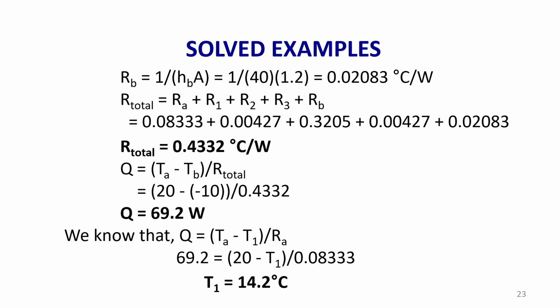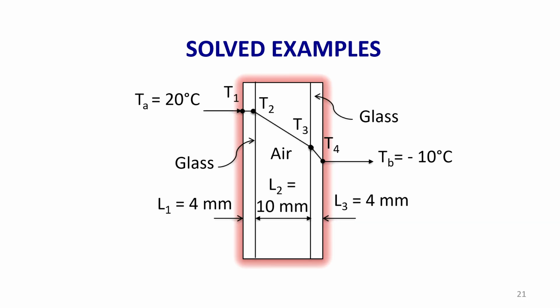If you remember the problem, the first layer is the glass layer, then there is an air space, and the air space separates the two glass layers. So, there are 5 resistances involved: on the left side, convection into the wall, then there are 3 conduction terms, layer 1, layer 2, layer 3, then convection from the wall.